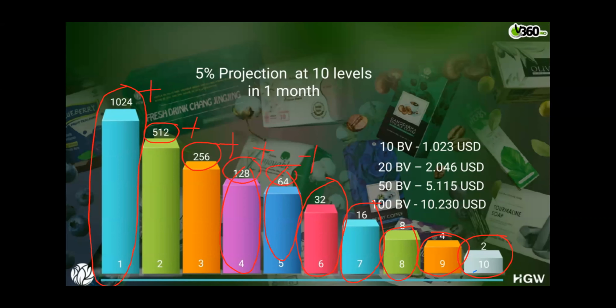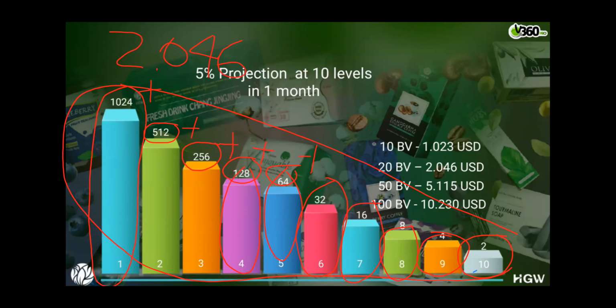Okay, look, only adding the different amount for every level. That totally in this 10 levels is 2046. In 10 levels, you will have 2046.